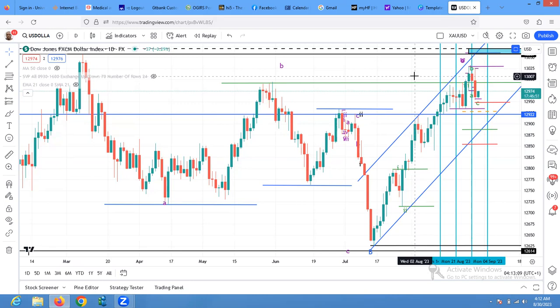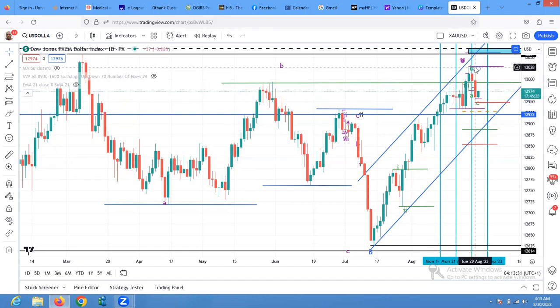Where do we think this may stop the uptrend and we have a change? We know that this is wave 3 here, and this is wave 4 here.